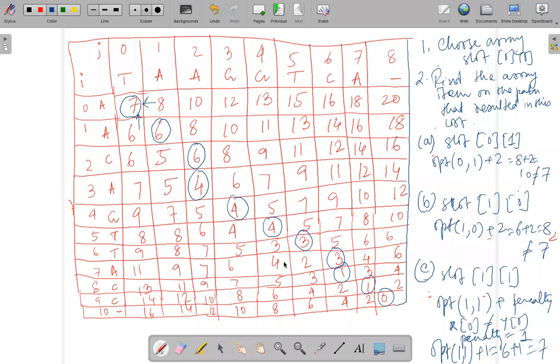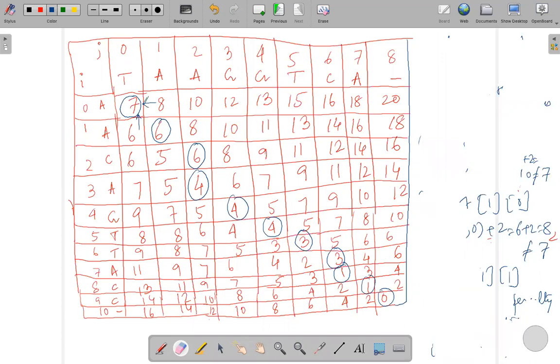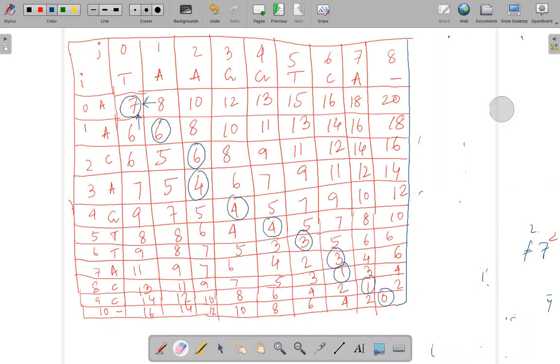I guess you have already made it, but let us try to articulate it: if you move on these circles, you will actually get the alignment. You have to carefully move on these circles.